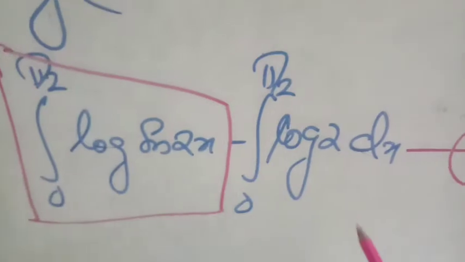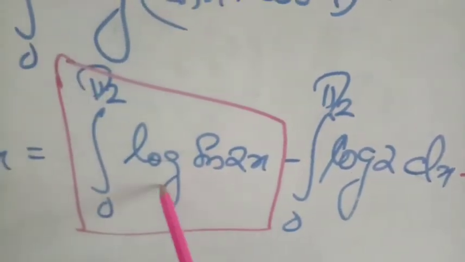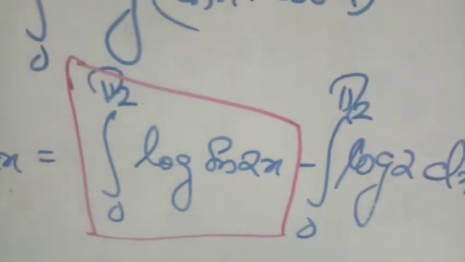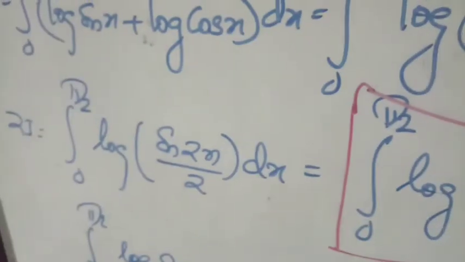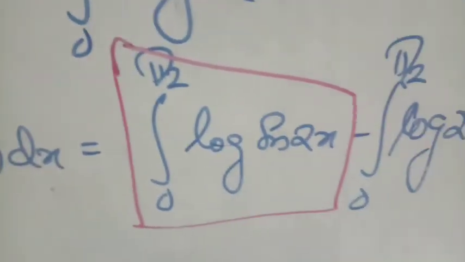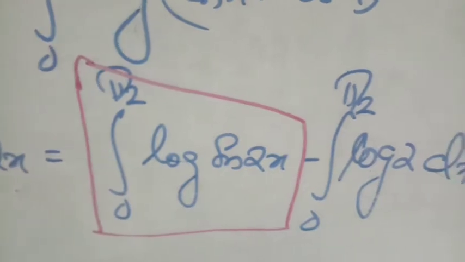This log 2 we can easily integrate; we just write log 2 into x. But here again one function is integral 0 to pi by 2 log of sin 2x. I am going to evaluate integral 0 to pi by 2 log sin 2x separately.